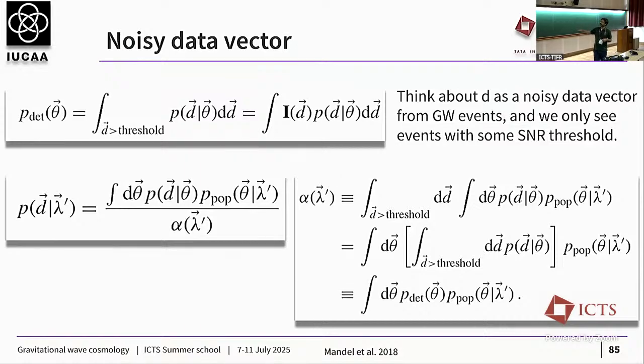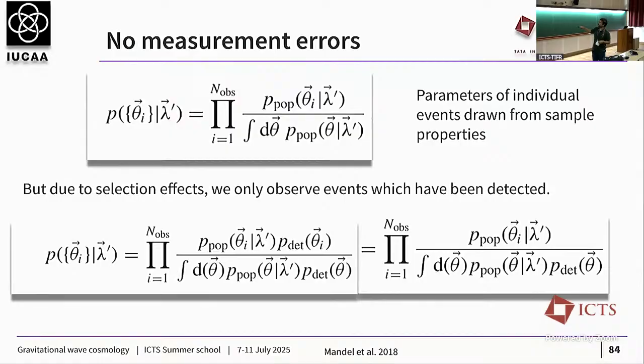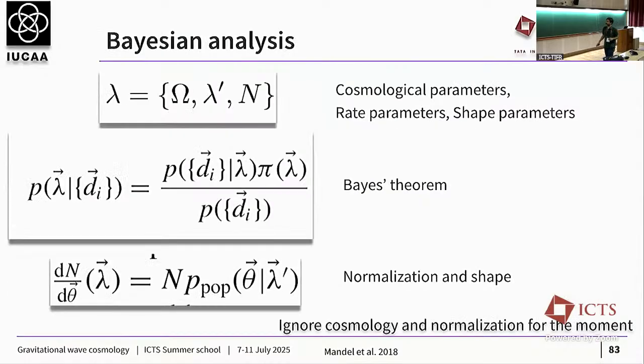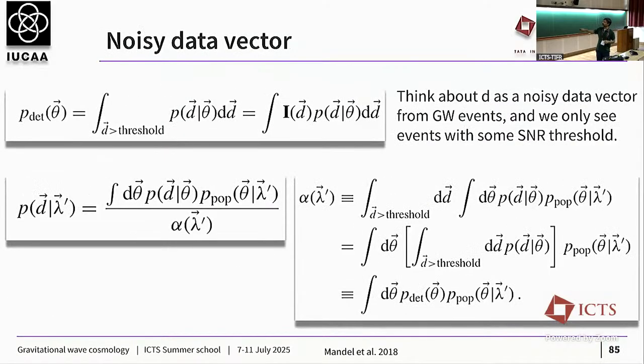And then in the numerator, we just had p_pop of theta_i given lambda, but now you are going to have an integral over all possible data vectors. This data vector is what you have observed, but there are all possible theta values that can give that data vector, because the observable is now the noisy data vector and not theta.